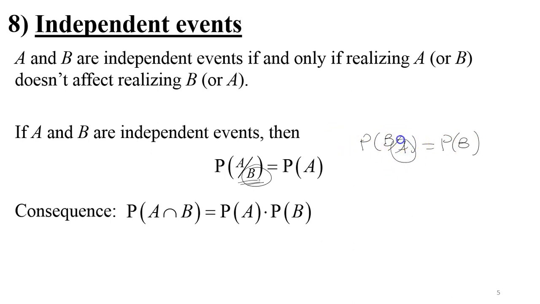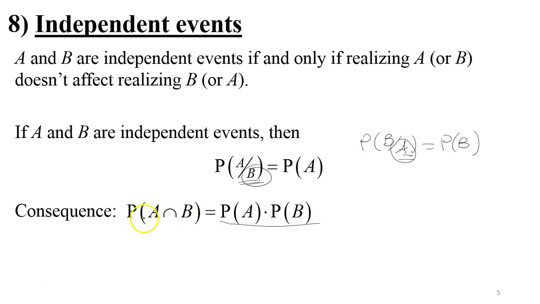Realizing event A would not affect realizing event B. So as a consequence, the probability of A inter B would be equal to the probability of A times the probability of B. Now, the probability of an intersection is not always the product of the probabilities of the 2 events. If A and B depend on each other, the probability of the intersection would not be the product of the probability of the 2 events.